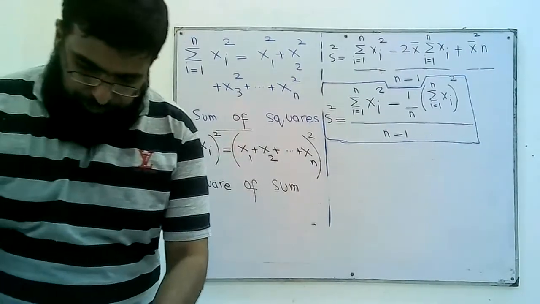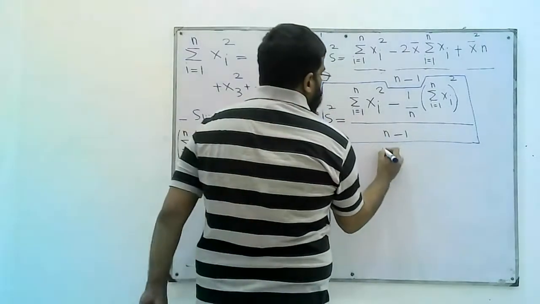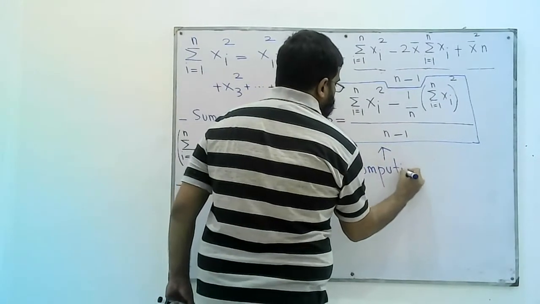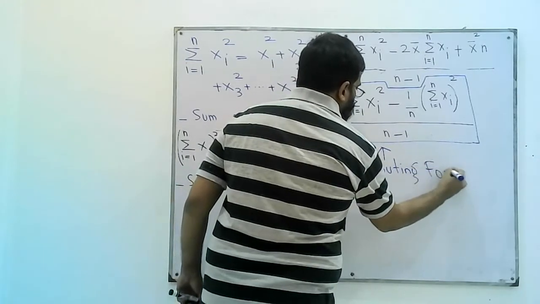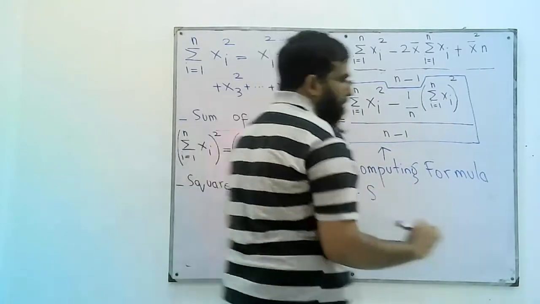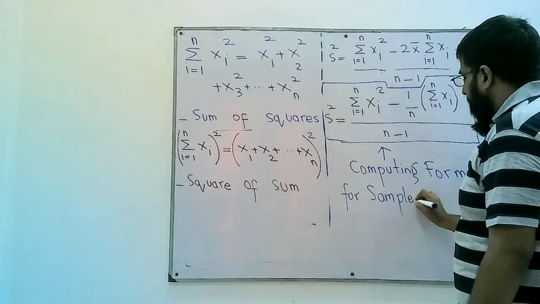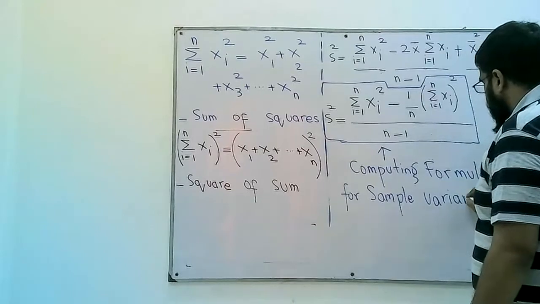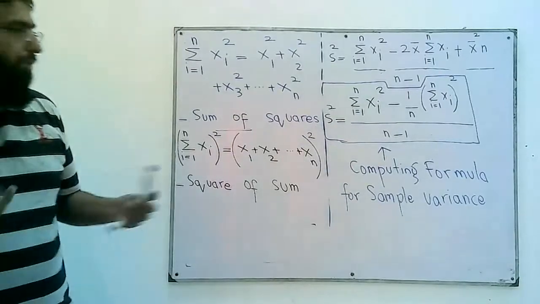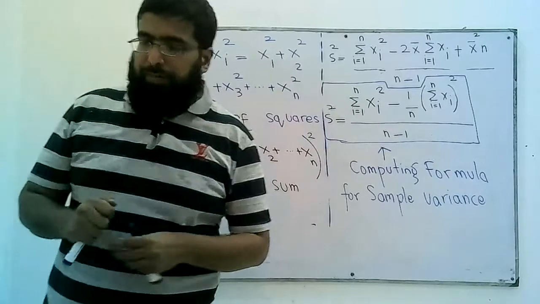So the formula that we have just derived, what is this formula called? It's called the computing formula for the sample variance. It's computationally better, or efficient, if you're computing using a calculator or by hand.